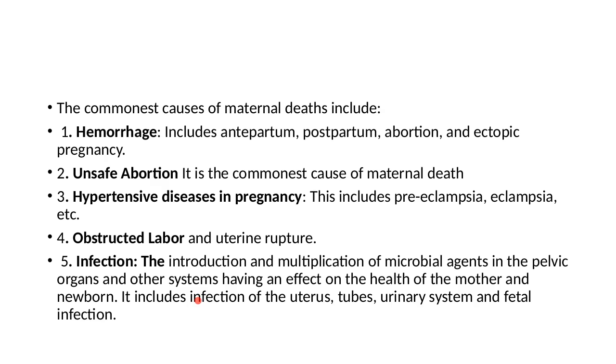If the infection occurs in the pelvic region, where we have the uterus, the oviduct, and the ovaries, it's a high risk infection because it may affect the mother's fertility. It can also affect the newborn because the infection will definitely spread to the unborn child. So it includes infection of the uterus, tubes, urinary system, as well as fetal infection.